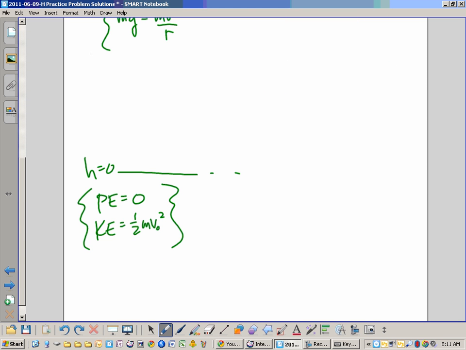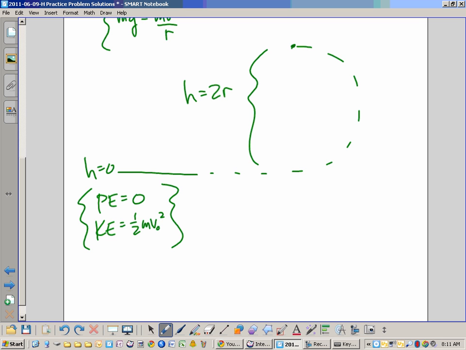So now we're going to go out here. At the top of the circle, what is its height? 2r. Good. It's its diameter, so height here is equal to 2r.